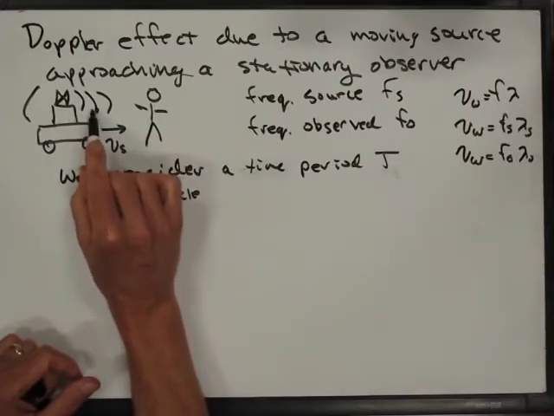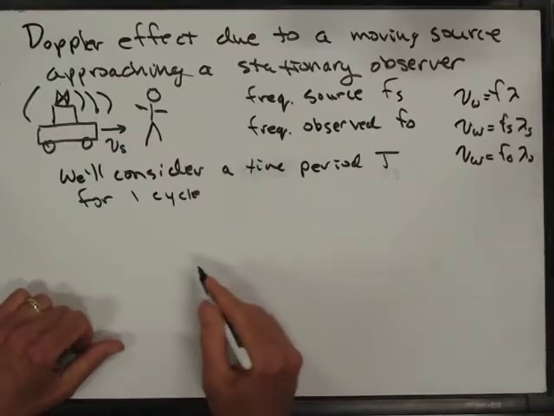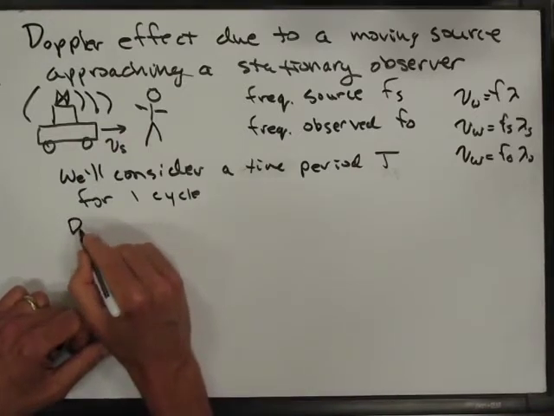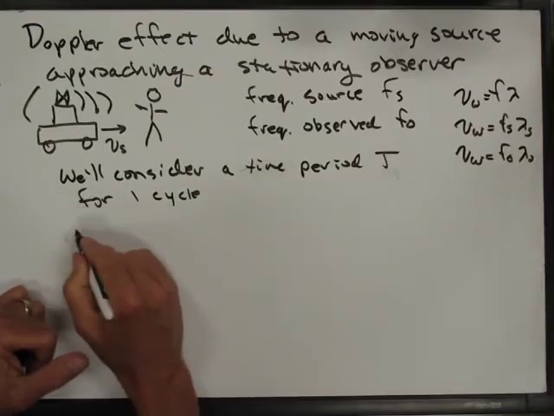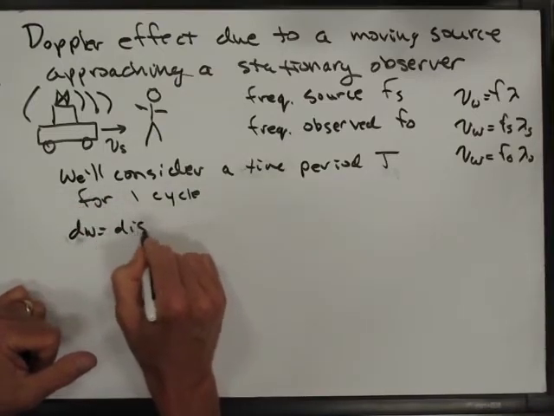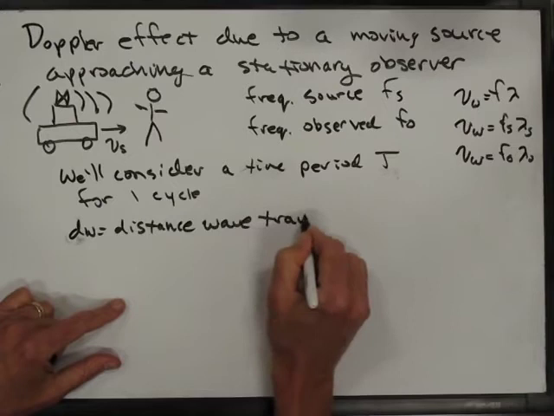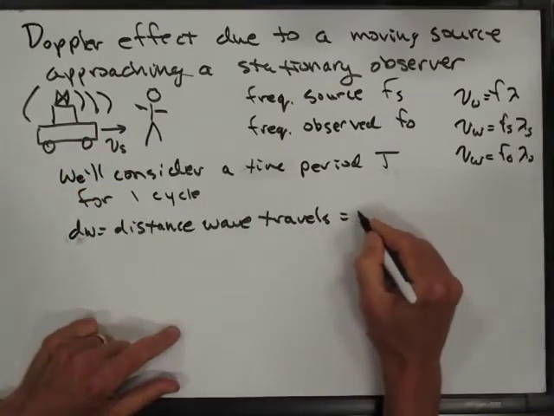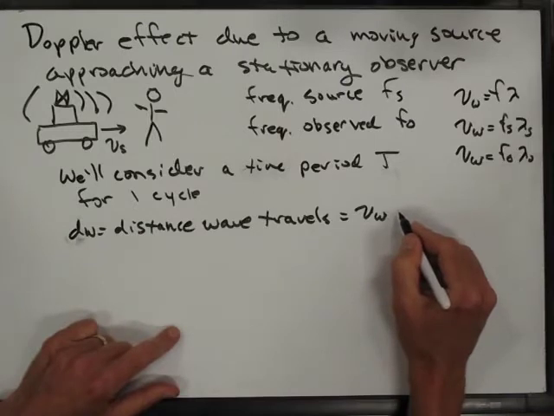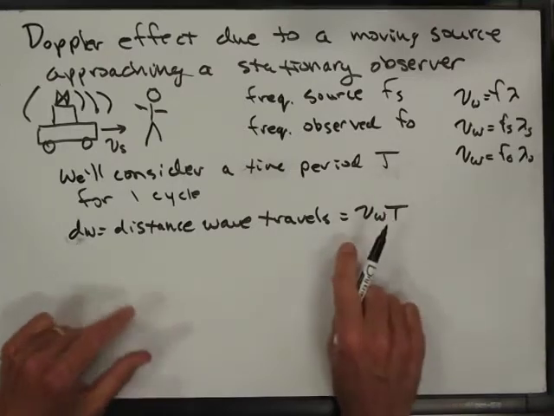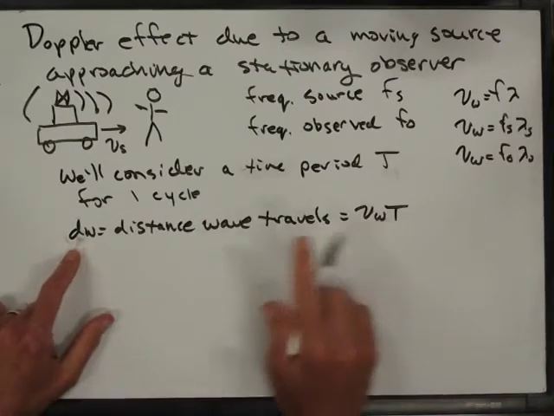And so it's the time between any two of these guys. And so the distance the wave travels in that time, how far the wave goes, is just the velocity of the wave times the time, right? The distance the wave travels is just the speed of the wave times the time.